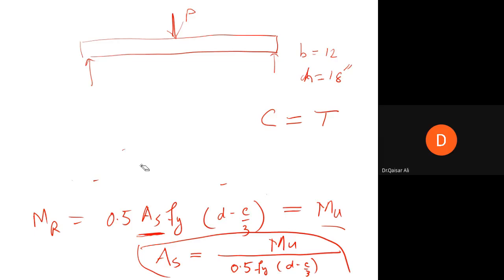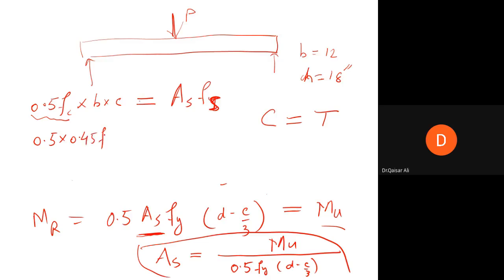अब देखिए इसको, जब C हम T के बराबर लेते हैं तो हमने कहा कि C हमारे पास है 0.5 FC के बराबर, 0.5 FC, और उसका एरिया है B टाइम्स small c, क्योंकि बीम की टोटल डेप्थ हाफ डेप्थ अब कंप्रेशन जोन में नहीं है, सिर्फ c पोर्शन जो है न्यूट्रल एक्सिस से ऊपर, जिसको मैंने c कहा है, उसके बराबर है। और ये बराबर है AS FS के बराबर, और FS जो है 0.5 FY। अच्छा, अब इसमें FC बताते खुद क्या है, FC is equal to 0.45 FC prime into B into c, and this AS is not known to us, but FS is 0.5 FY. इससे आप small c की वैल्यू निकालें.